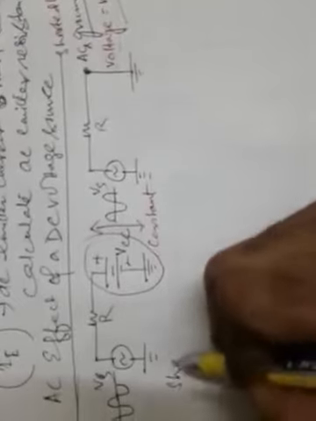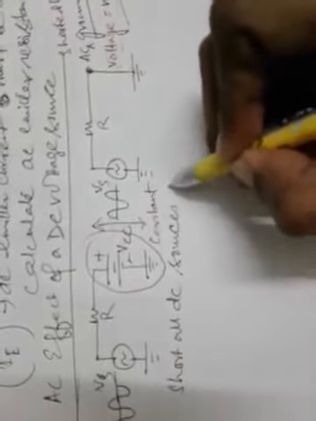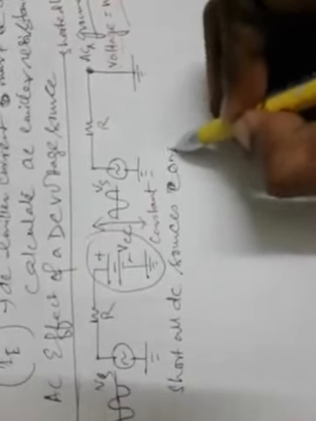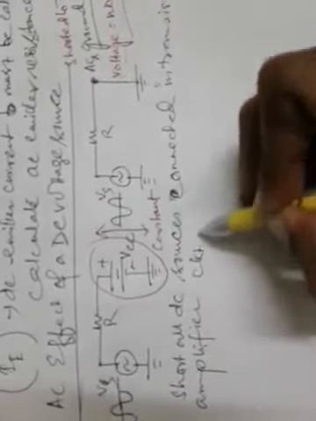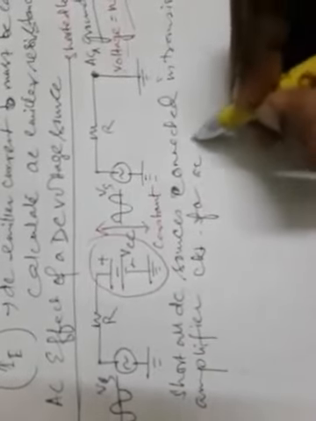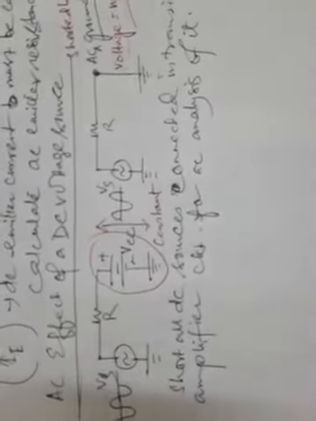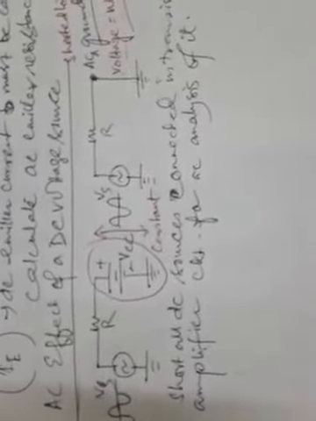So here is a big conclusion: short all DC sources connected in the transistor amplifier circuit for AC analysis of operation, we can say.